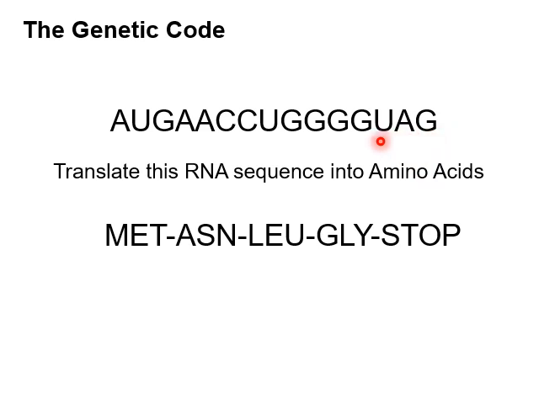UAG is one of the few stop codons. So you can probably guess that when the machinery gets to UAG, it knows that is where we need to stop. We don't need to add on any more amino acids after that. And then everything in between are just typical amino acids. So we always start with Met and we always end with a stop codon.